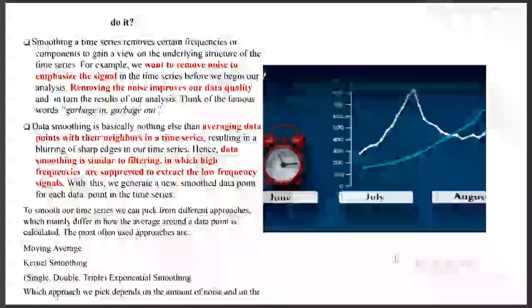Now there are different techniques, different approaches to how you smooth a time series. There are the moving average, kernel smoothing, and exponential smoothing, and depending on the amount of noise present in the data, you pick one of them. Kernel smoothing is one of the finest approaches, because when you apply the kernel, the algorithm has the ability to come up with hidden patterns also, right?